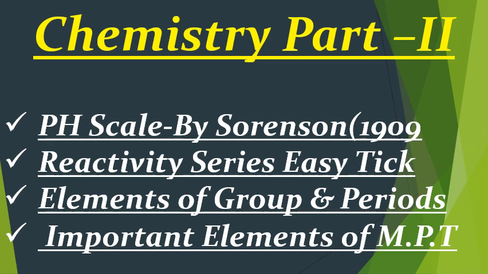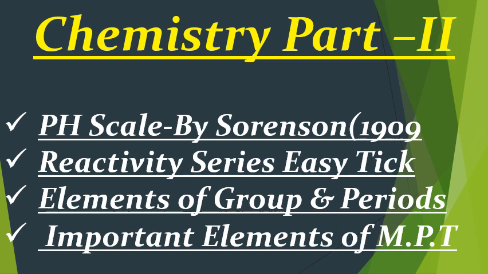Dear friend, this is the second part of chemistry, class 10th. Basically, all the topics of the chapter acid, base and salts are covered, also the topics related to the modern periodic table.